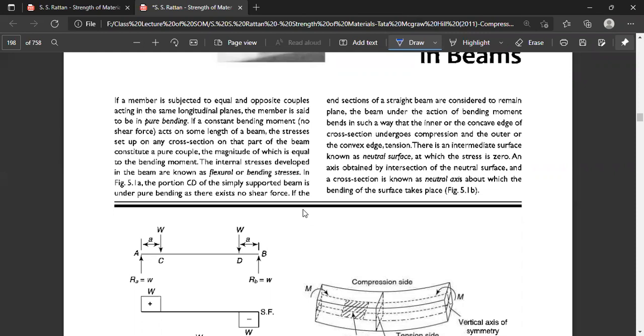If a member is subjected to bending, what are the bending stresses in the beam?